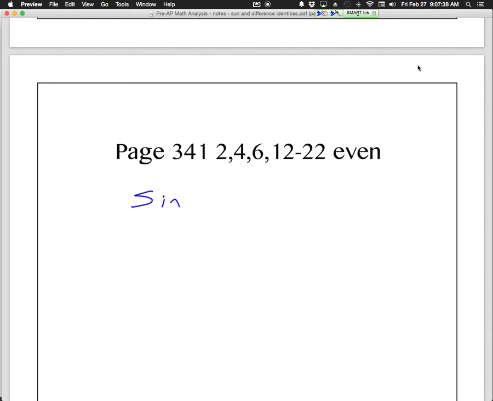And that is going to be sine of 315. So put sine of 315 instead of number 2 in there. Okay.